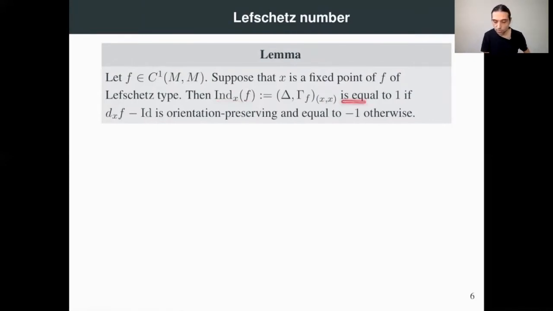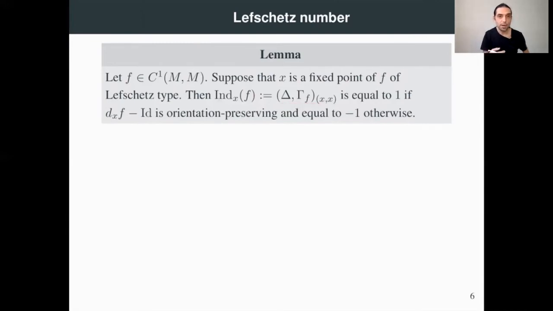And it is going to be equal to 1 if this map, the differential of f at x minus the identity, which is a linear self-map of the tangent space of M at x, is orientation preserving and equal to -1 otherwise.